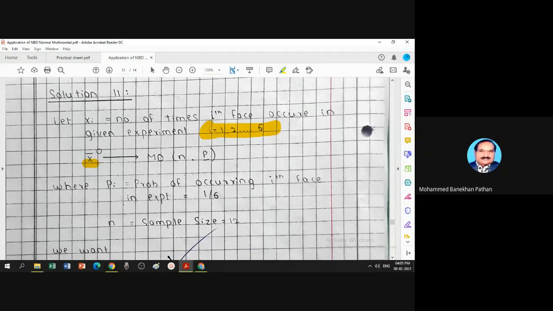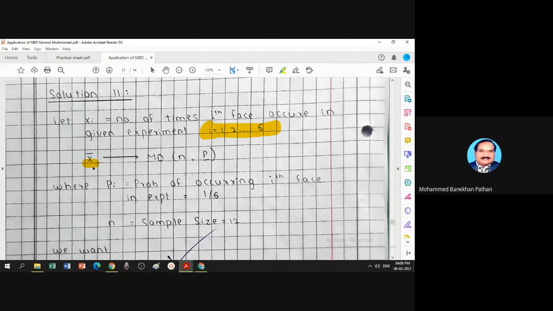So don't make confusion by writing a bar on the head. Usually in mathematics, if you want to indicate a vector, you put a bar on the head. But in statistics, if you put a bar on the head, the meaning is the mean of that variable. So to overcome this practical difficulty, statisticians write the bar at the bottom. So X vector follows a multinomial distribution.